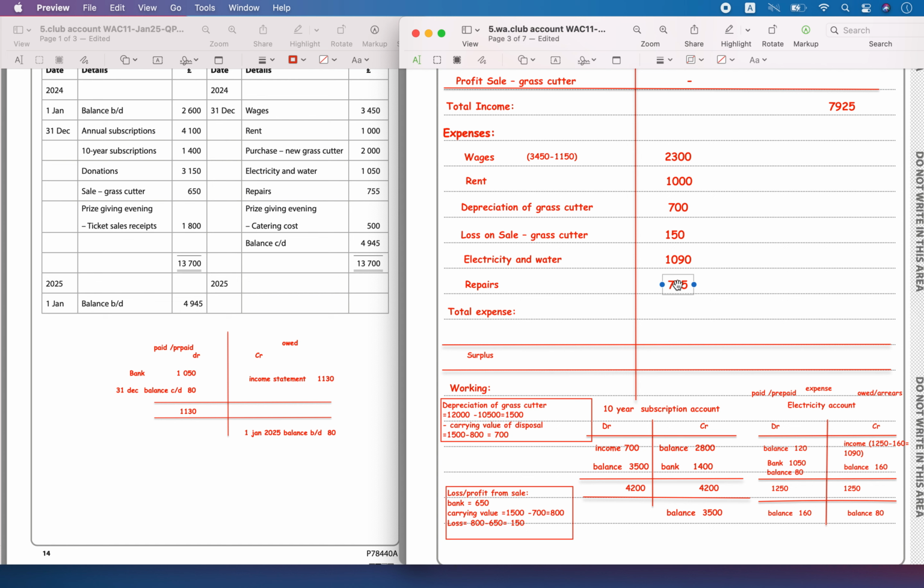So the expenses will be equal to 2300 plus 1000 plus 700 plus 150 plus 1090 plus 755.